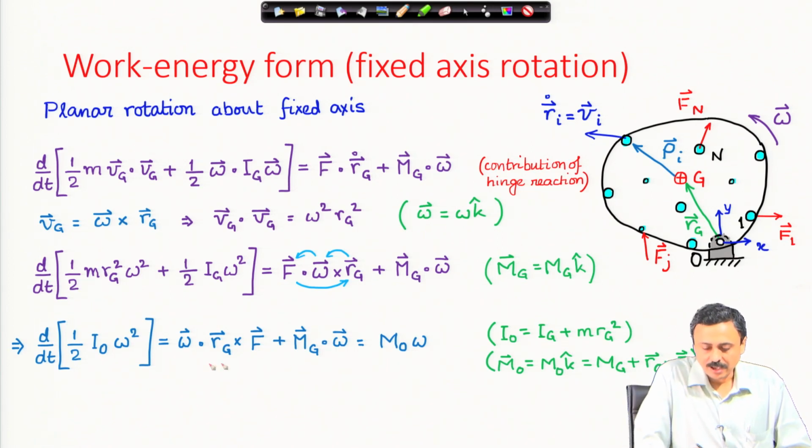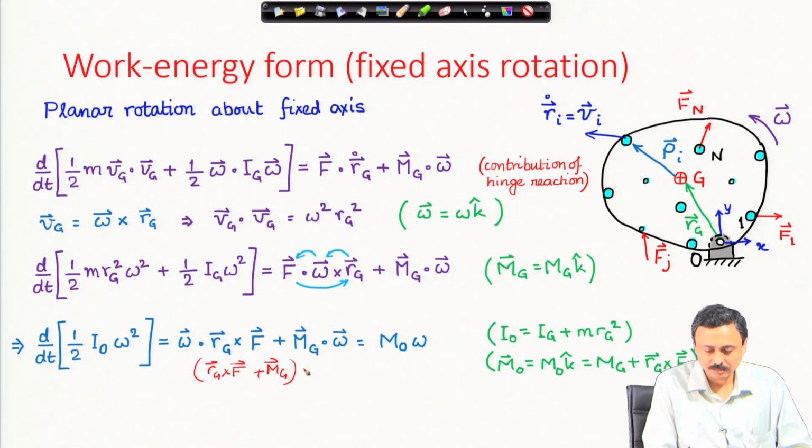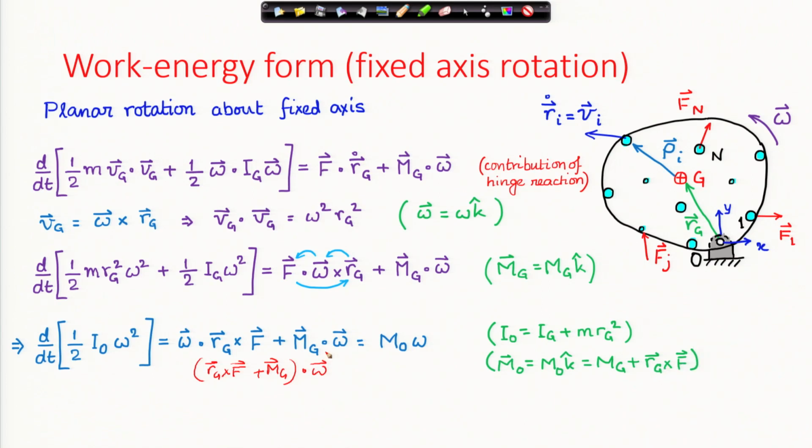If I take omega dot outside common, then I have r g cross f plus m g, which I have written out already, and this dot omega, and omega is omega k cap.